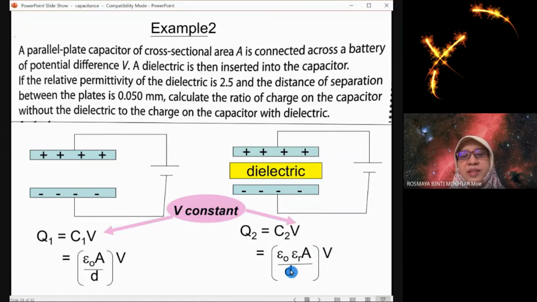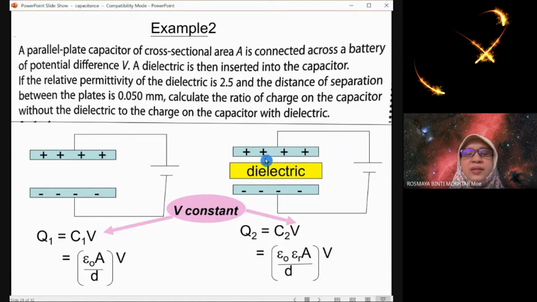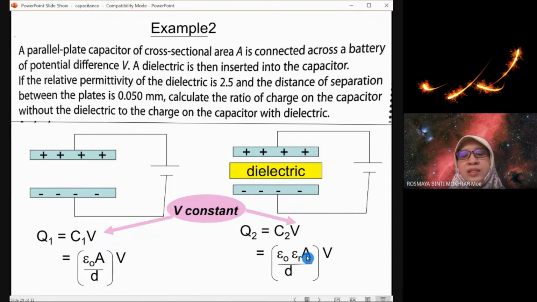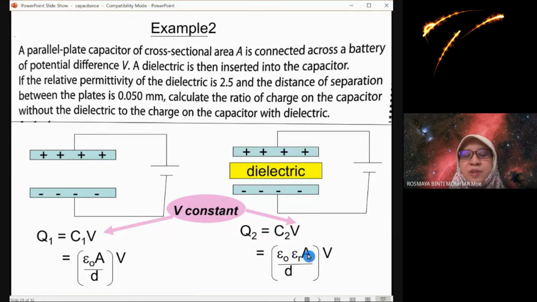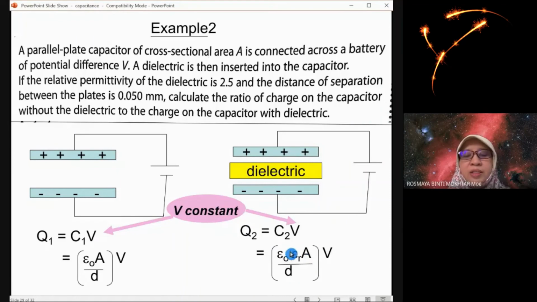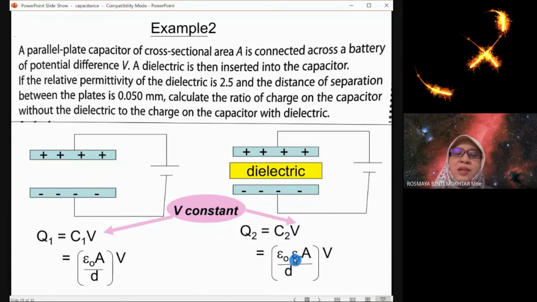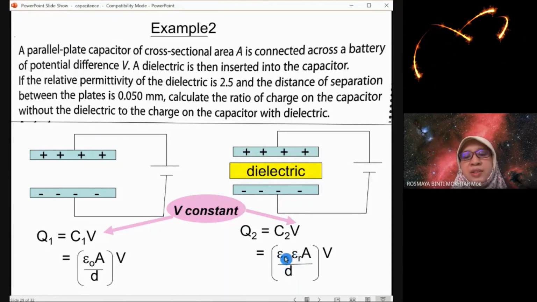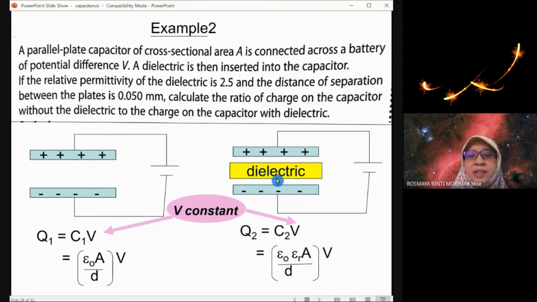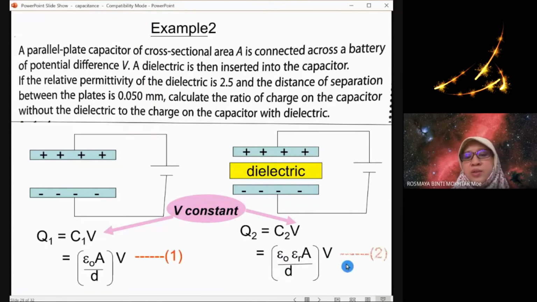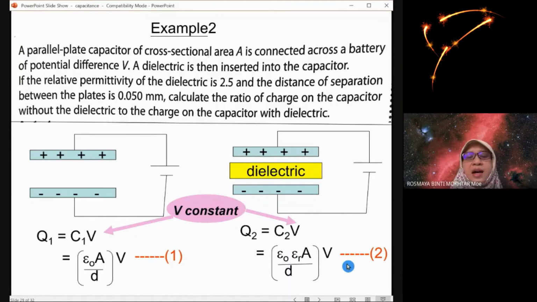D remains the same, as we didn't change the distance between the plates. Area also remains the same. So Q2 equals epsilon naught epsilon R A per D times V. So we have two equations, equation 1 and equation 2.